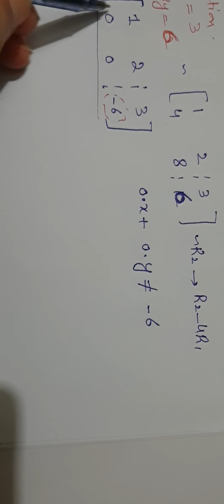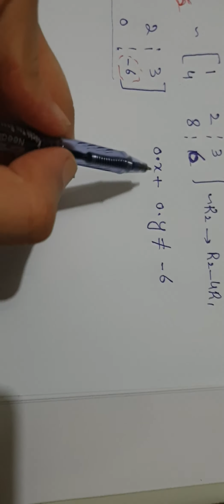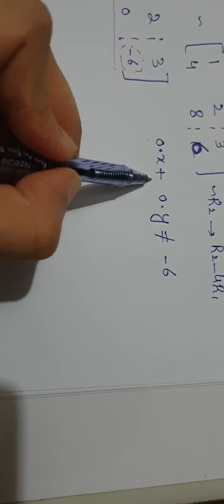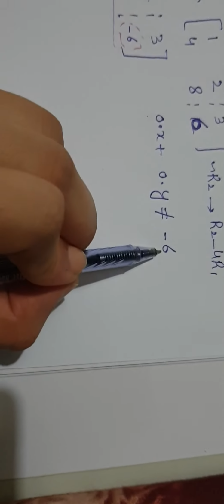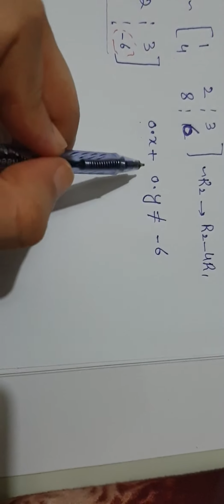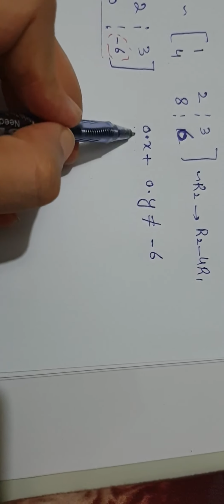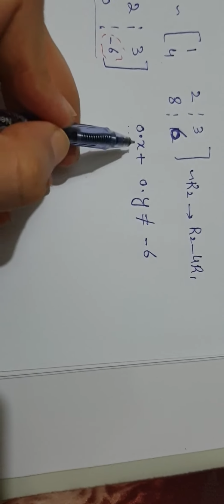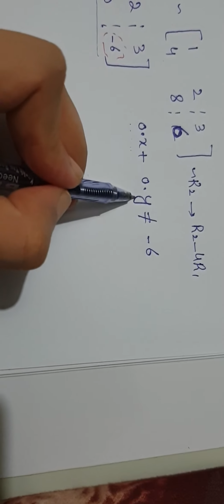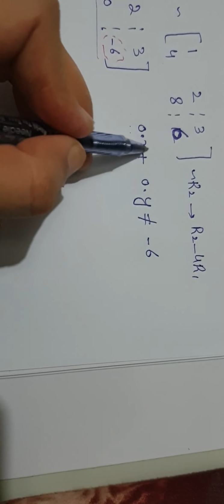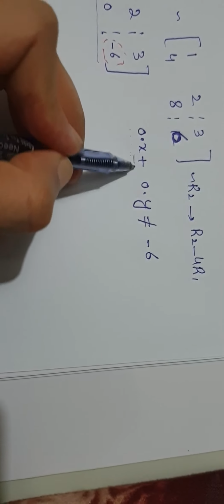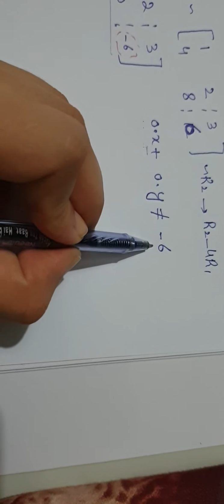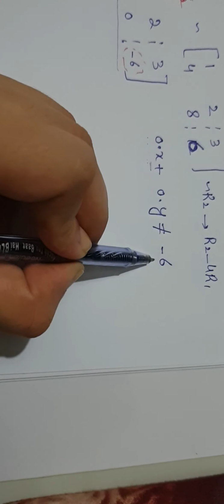If I perform the back substitution, it implies 0·x + 0·y = -6. That is never possible, because any value of x and y multiplied by 0 and added can never give us a non-zero value.